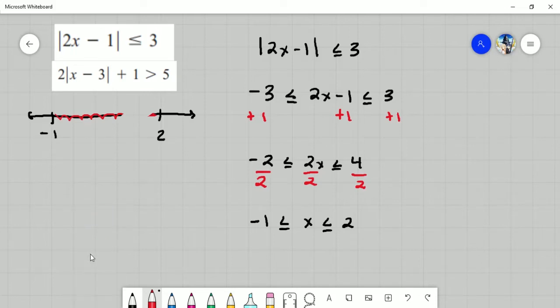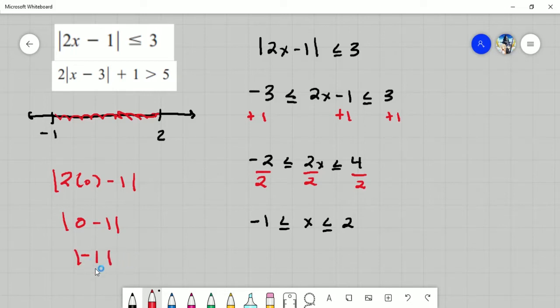All right, so now a number in between the 2. Let us choose 0, since that's easy enough. 2 multiplied by 0 is 0. 0 minus 1 is negative 1.